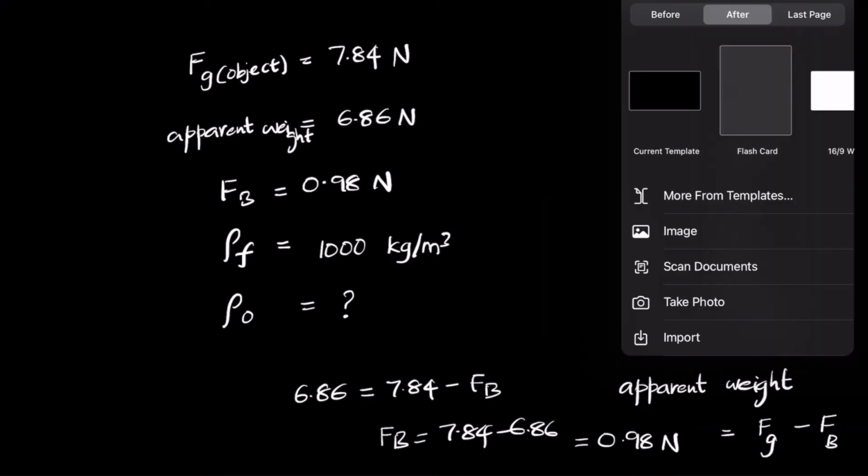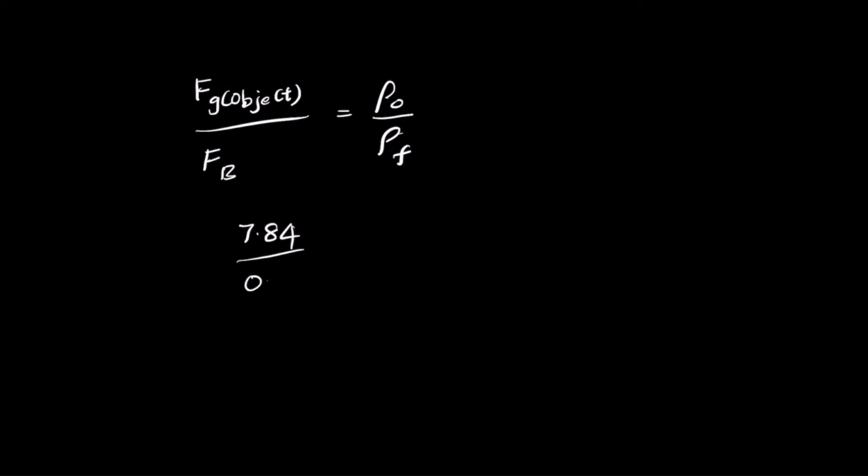So now use the Archimedes principle, which says that Fg of the object over the buoyancy force is equal to the density of the object over the density of the fluid. So that is 7.84 divided by 0.98 is equal to rho naught divided by 1000.